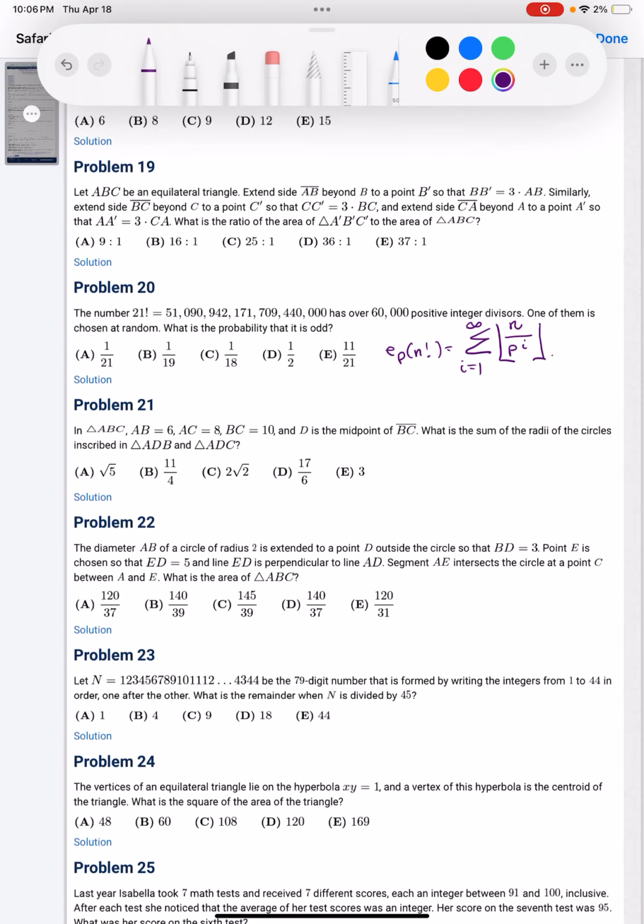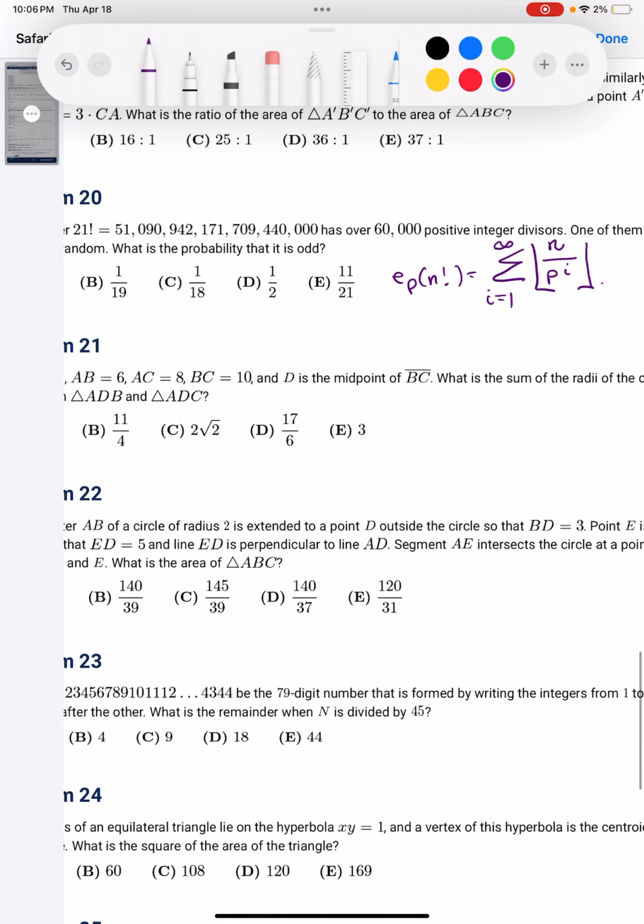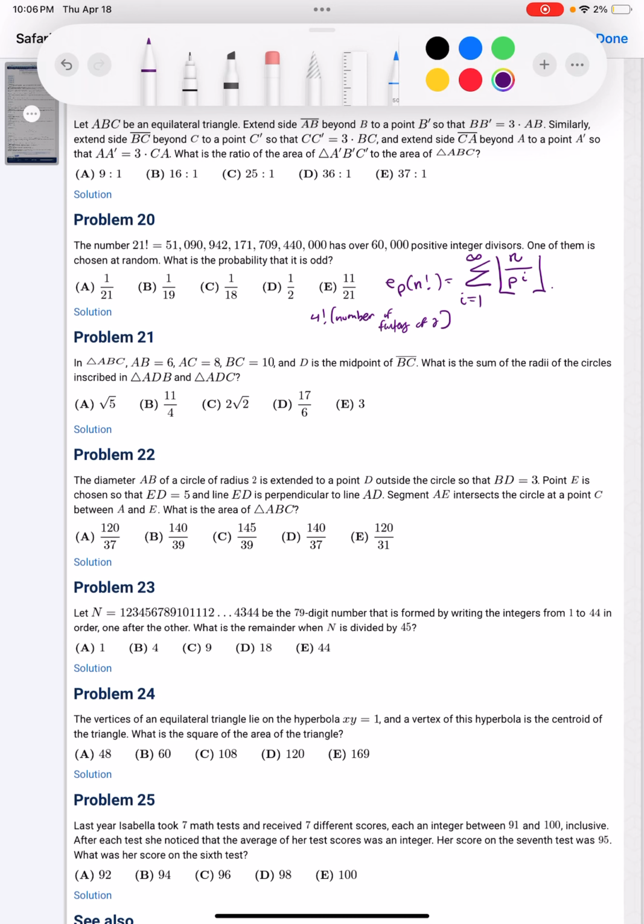So what does that mean? Let's say we have 4 factorial and we want the number of factors of 2. We plug into the formula: n is 4, so we take 4 divided by 2 to the first power, and then add 4 over 2 to the second power.